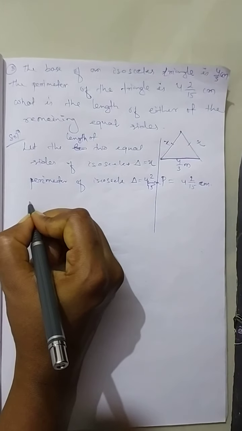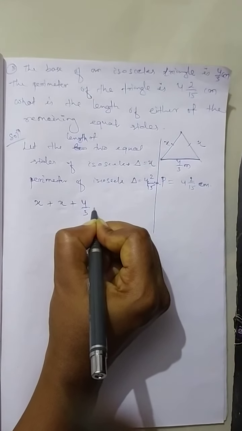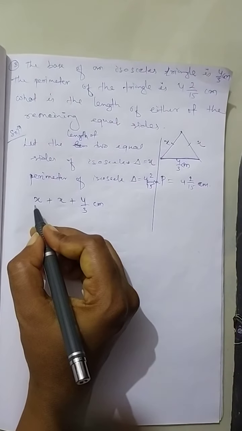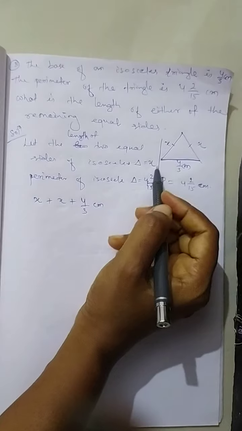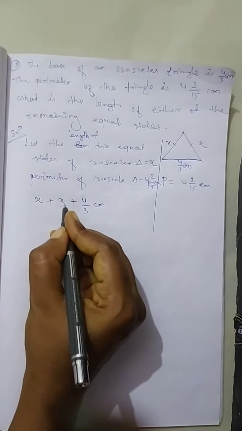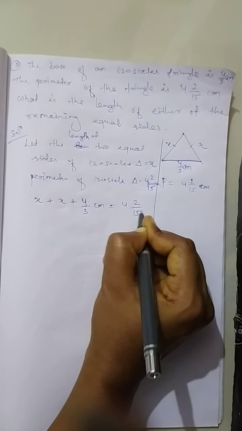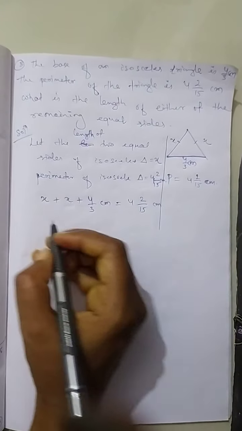According to the question, perimeter means the sum of all sides: x plus x plus 4 by 3 centimeter equal to 4 whole 2 by 15 centimeter. This is the linear equation here.